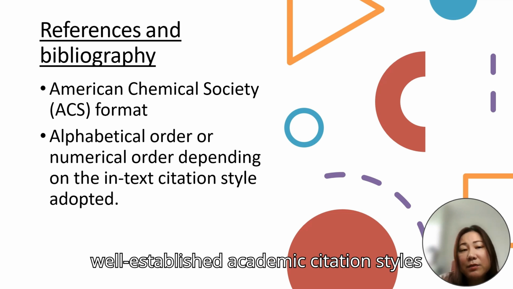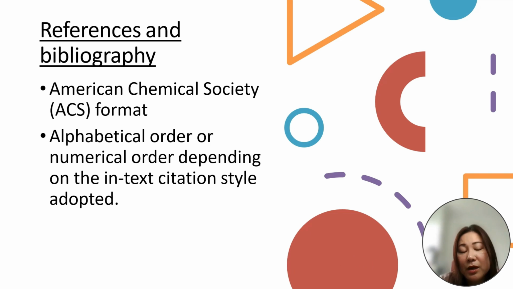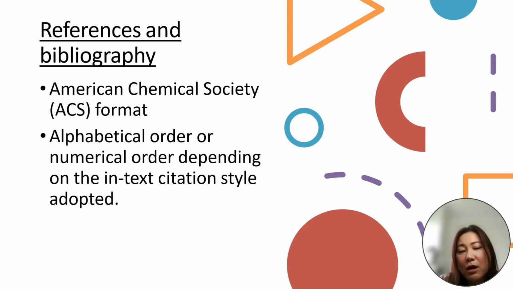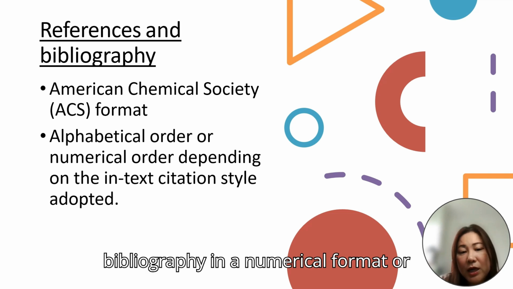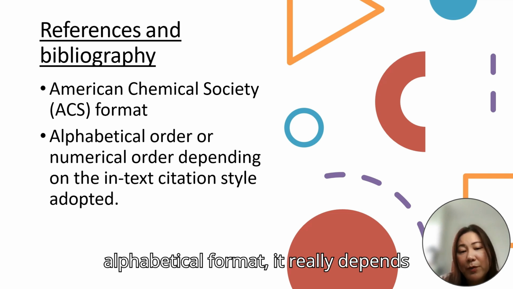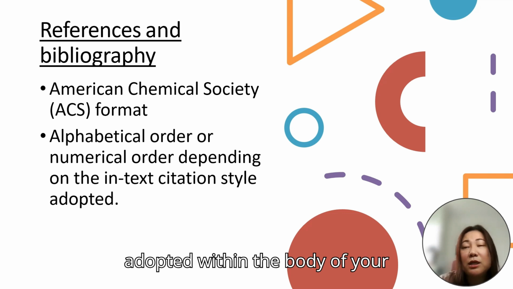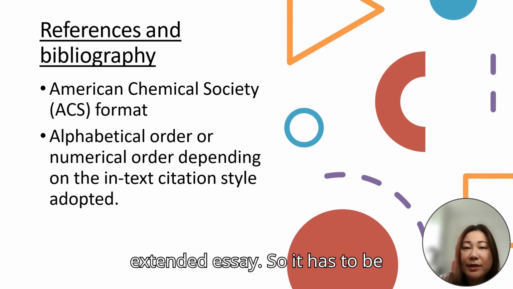Other well-established academic citation styles are also acceptable. Whether you present your bibliography in a numerical format or alphabetical format really depends on the citation style that you have adopted within the body of your extended essay. So it has to be consistent.